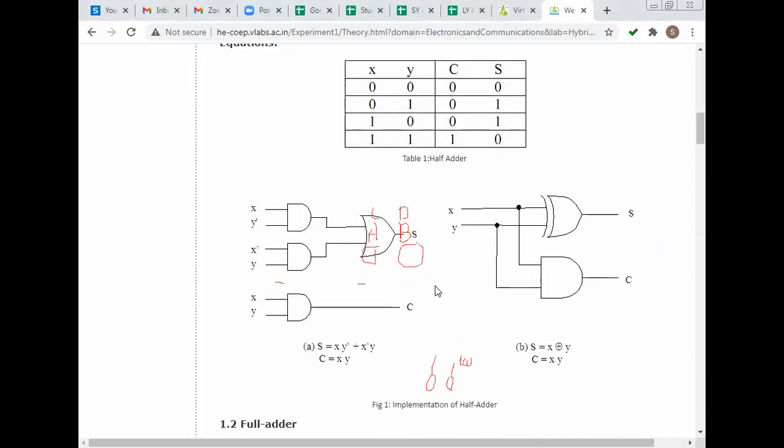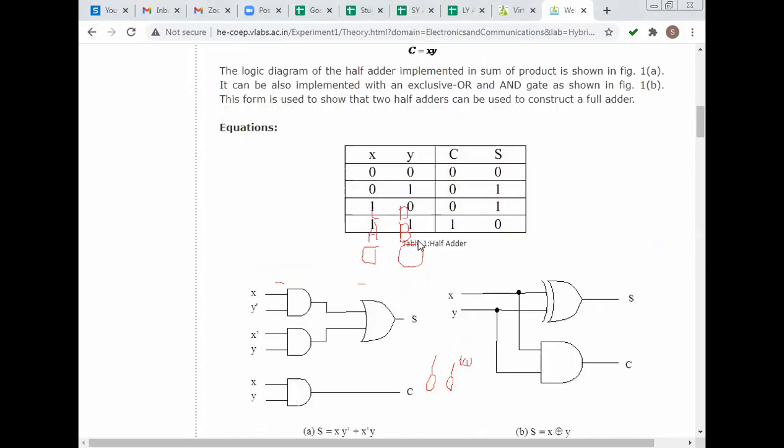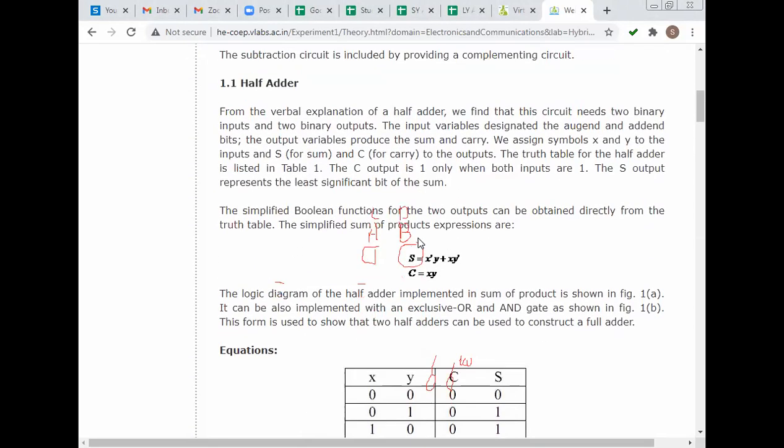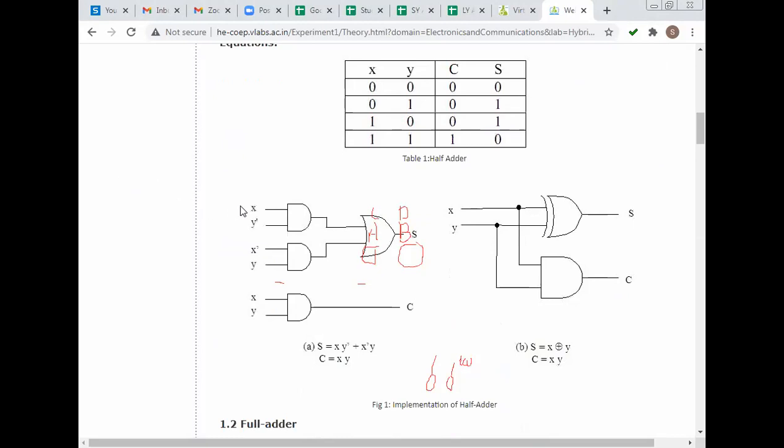So in half adder, what happens? Addend and which word is remaining? These two words, augend and addend. So this is X, Y dash or X dash Y. You can say X, Y bar, X bar, Y. You can say both ways.